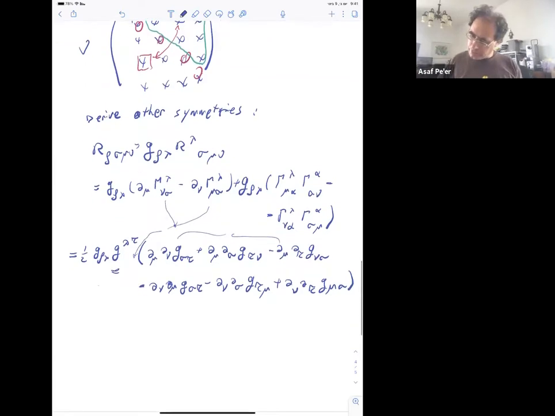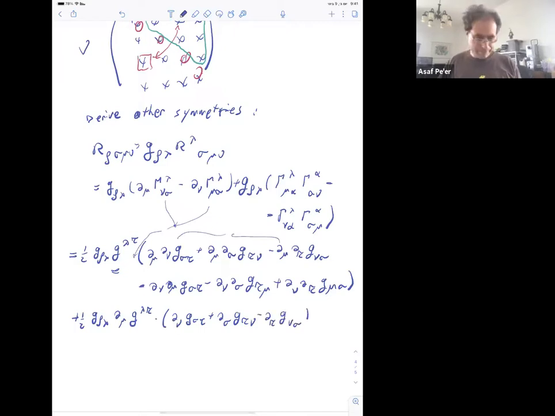So plus 1/2 g rho lambda d mu g lambda tau times d mu g sigma tau plus d sigma g tau mu minus d tau g mu sigma.